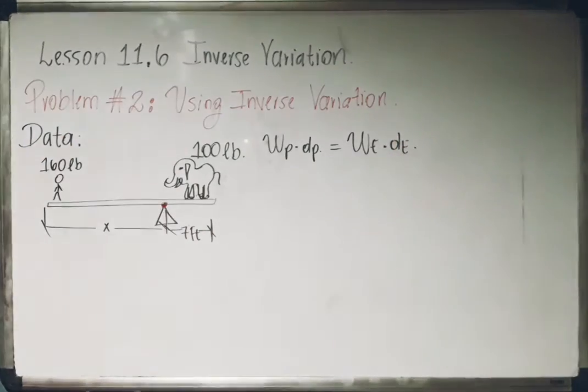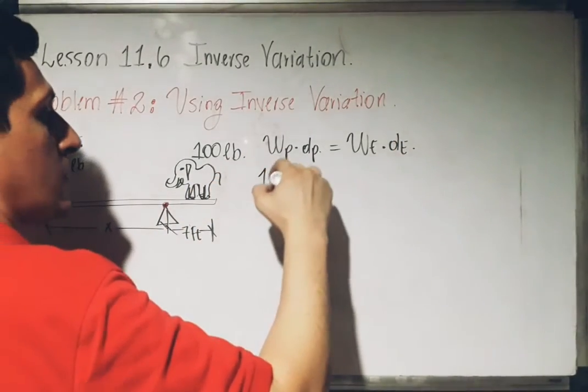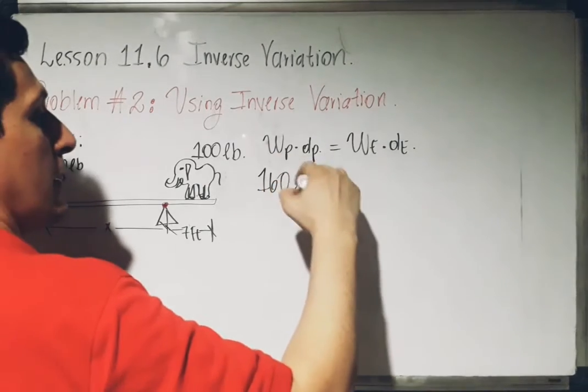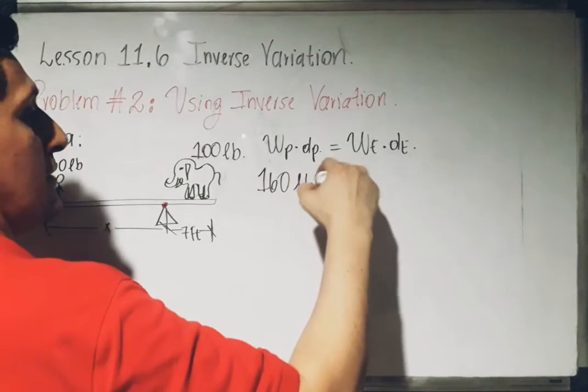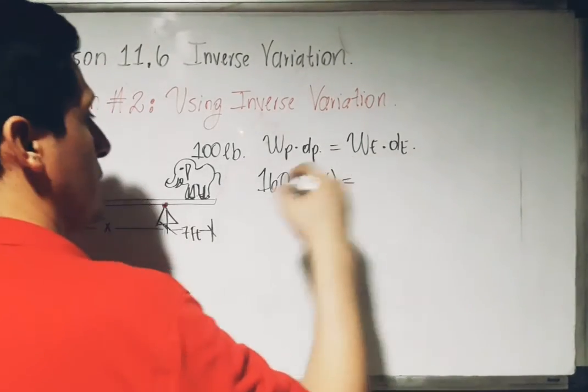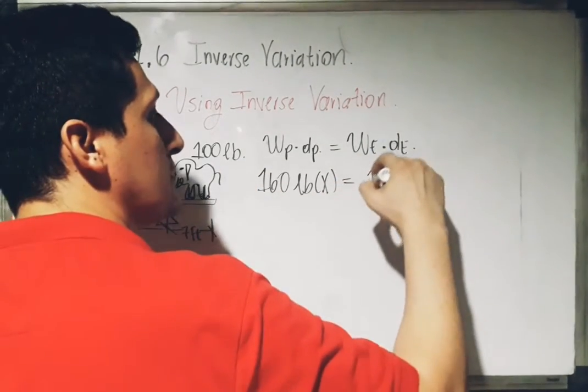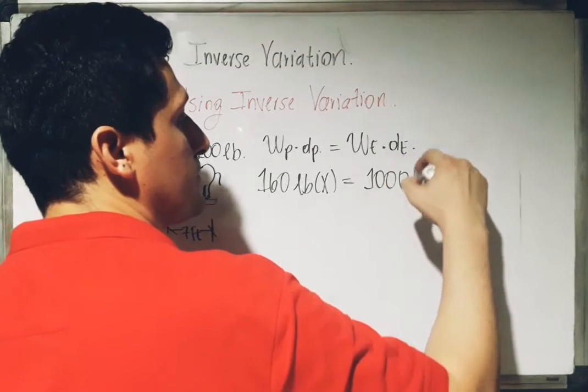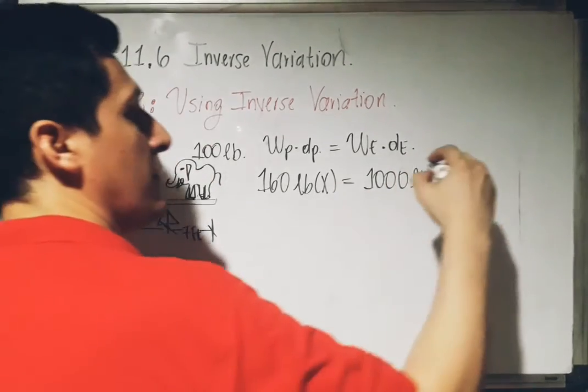That means 160 pounds times x, because x is the distance, is equal to 1,000 pounds times 7 feet.